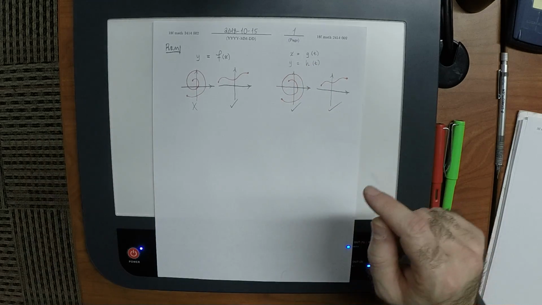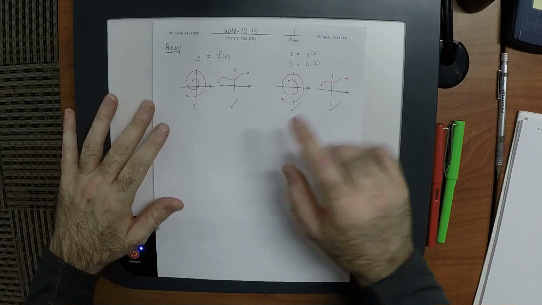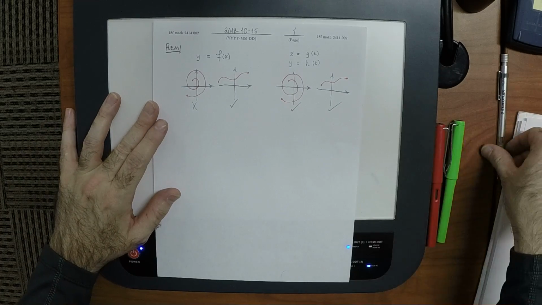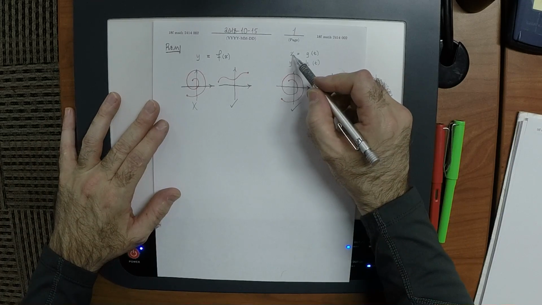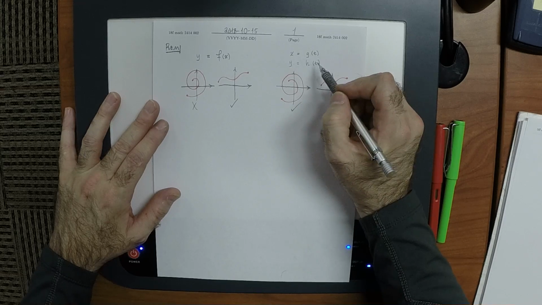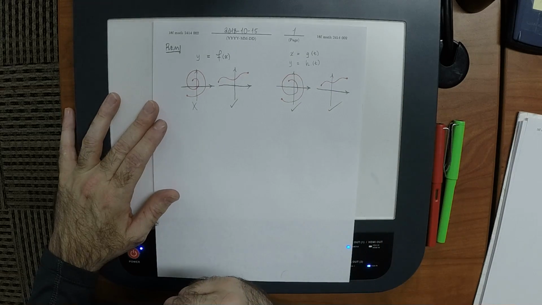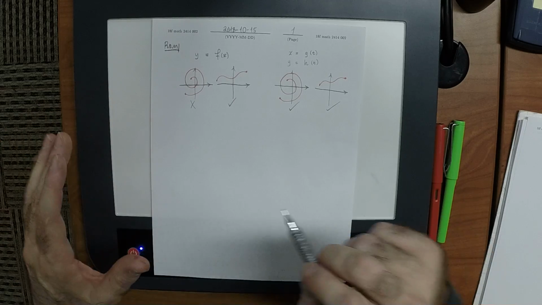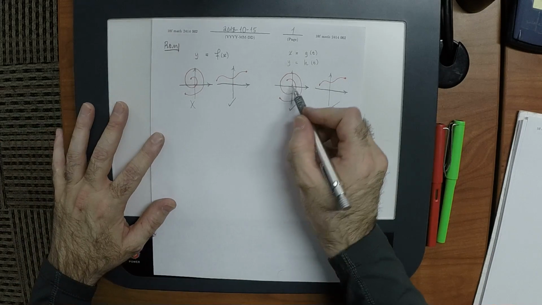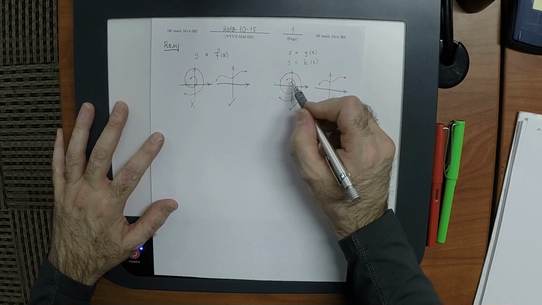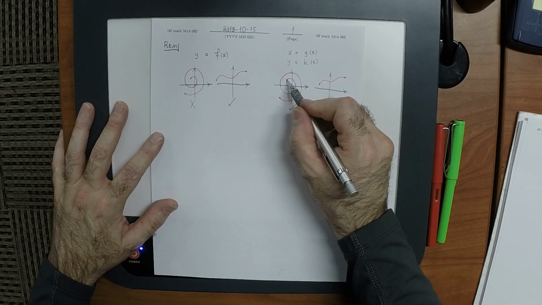Now, I want to make sure it's clear why we can do this, and that is that there's three symbols involved, right? There's x, y, and t. What's really happening is that you could watch me drawing it.